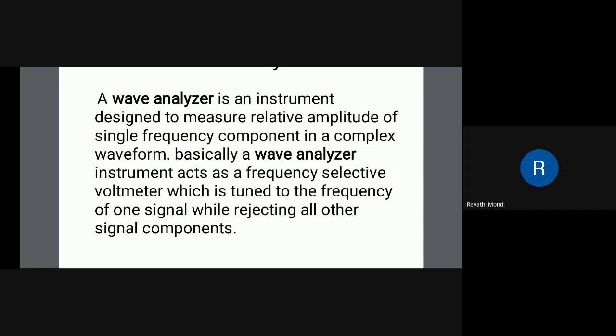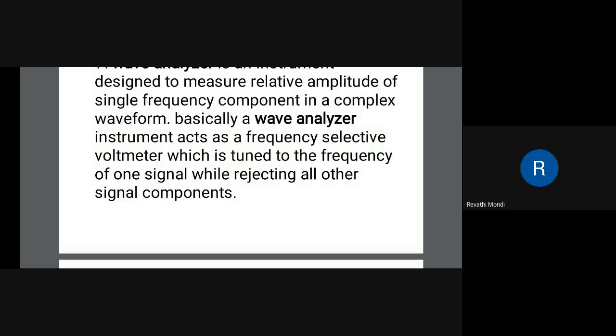Basically, a wave analyzer instrument acts as a frequency selective meter, which is tuned to the frequency of one signal while rejecting all other signal components. Frequency selective meter means that among the different ranges of frequencies, the wave analyzer can select the fixed range of frequencies only, and it rejects all other ranges of frequencies.